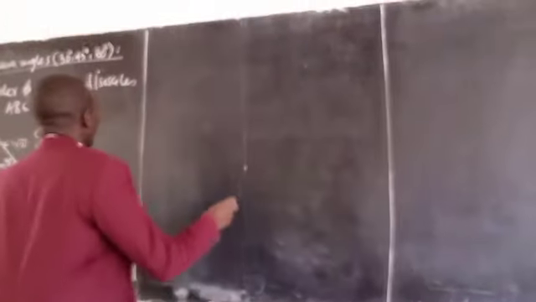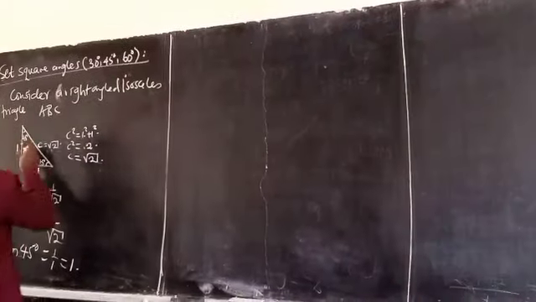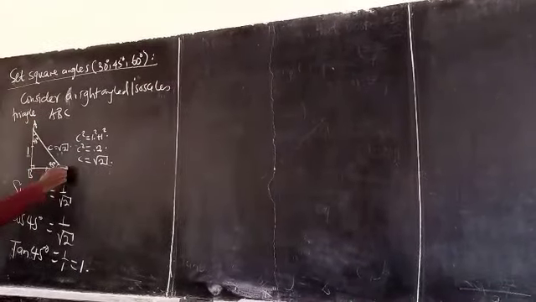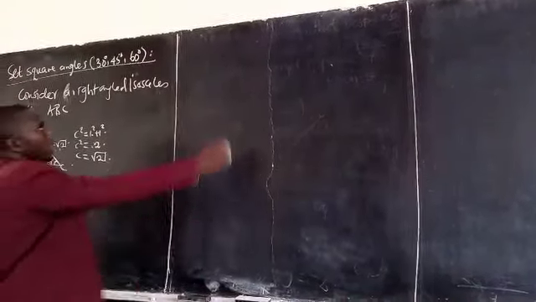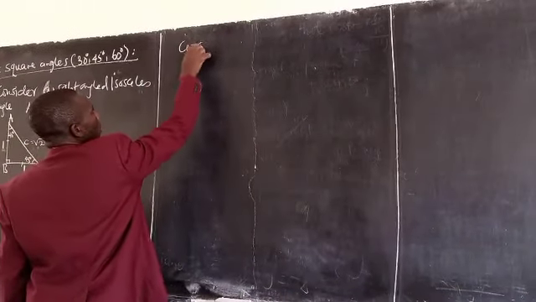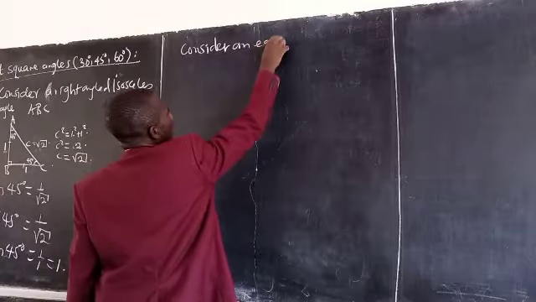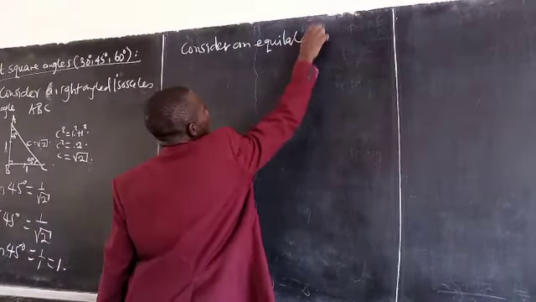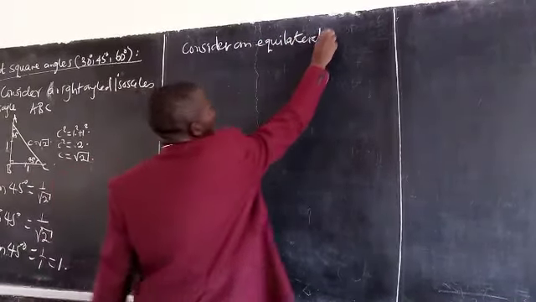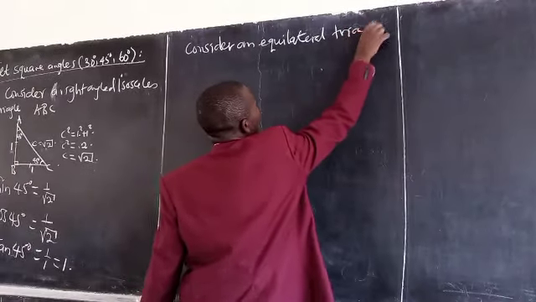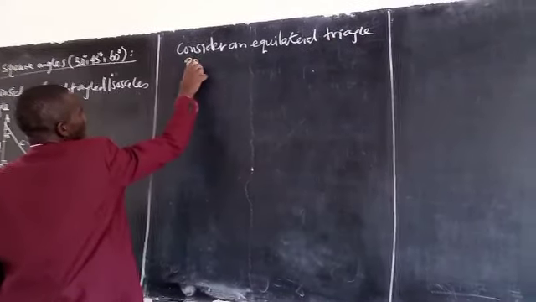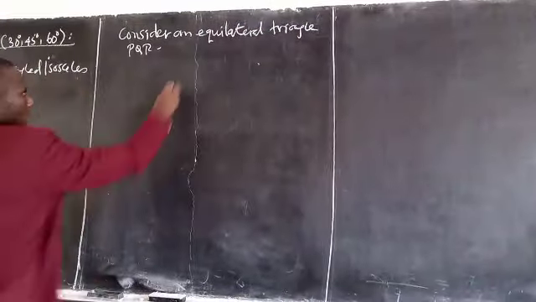Let's consider another. This was ABC. Let's consider an equilateral triangle, maybe PQR. This is our triangle.